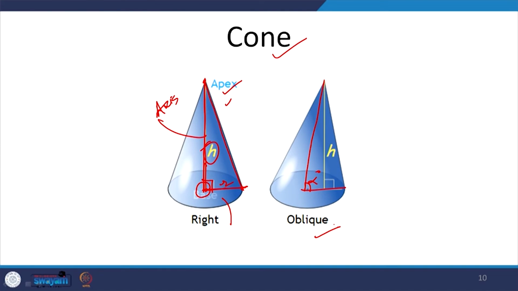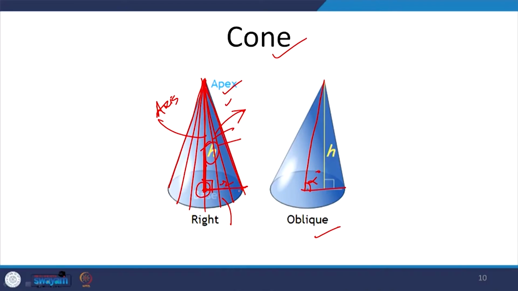The shape of this surface, which is the face of the cone, is defined by these generators which connect the apex to any point on the base. The shape of this, in case we want to open it up, in case we want to construct the cone, depends upon the height and the radius of the base.